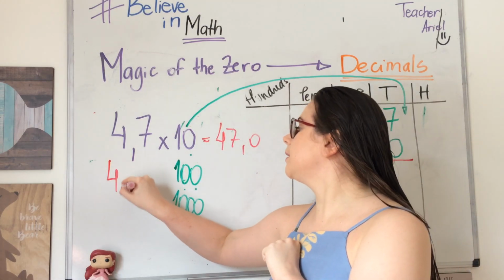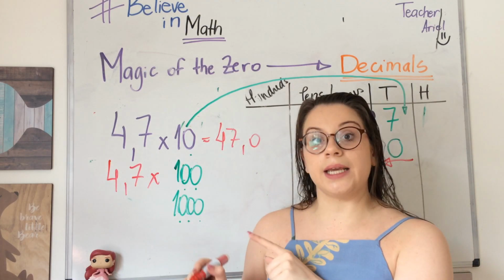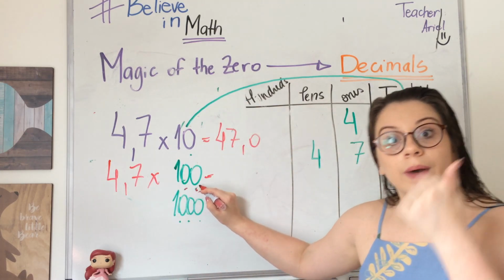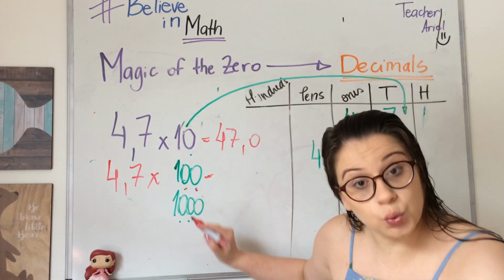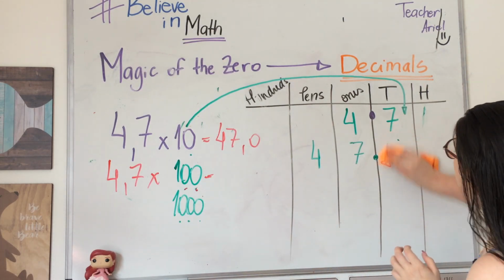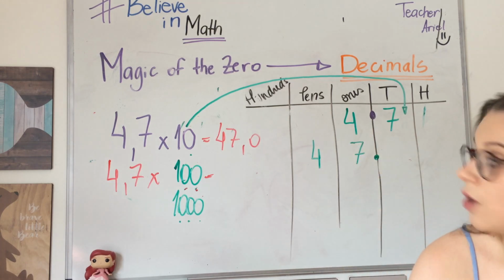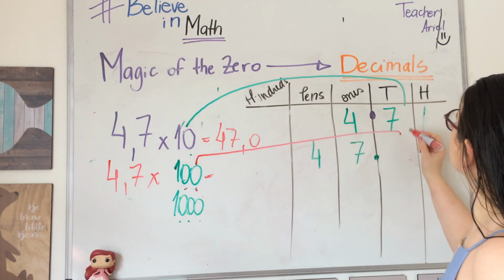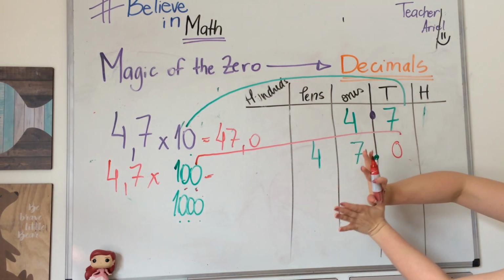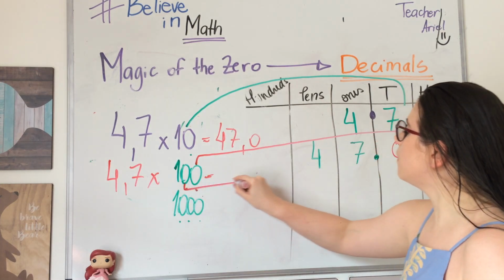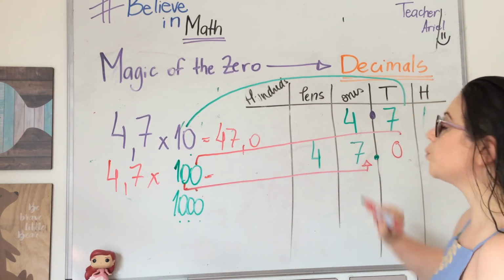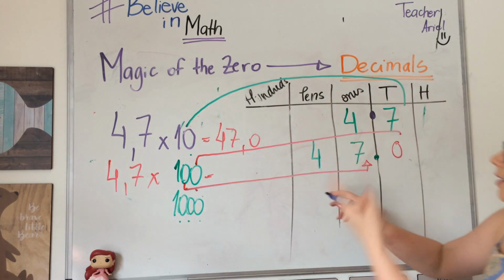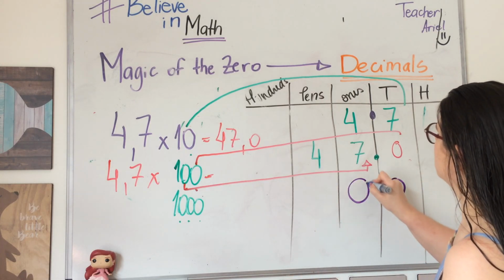Now if I take the same number, 4 and 7 tenths times 100, I have 2 zeros here. So I am going to push my number forward twice. If I take this number, this 0 over here is going to push once. But I have the other one that also needs to push. So I push once and then I push again.